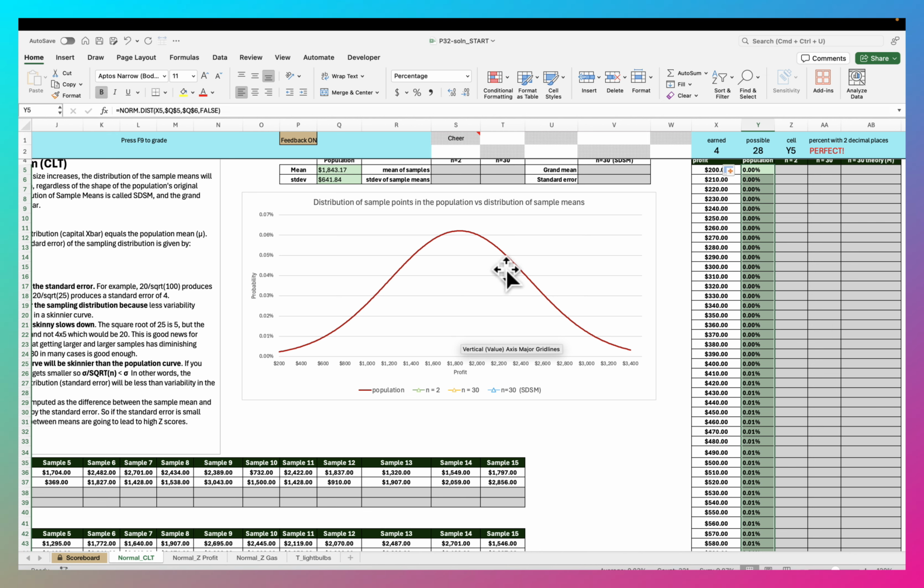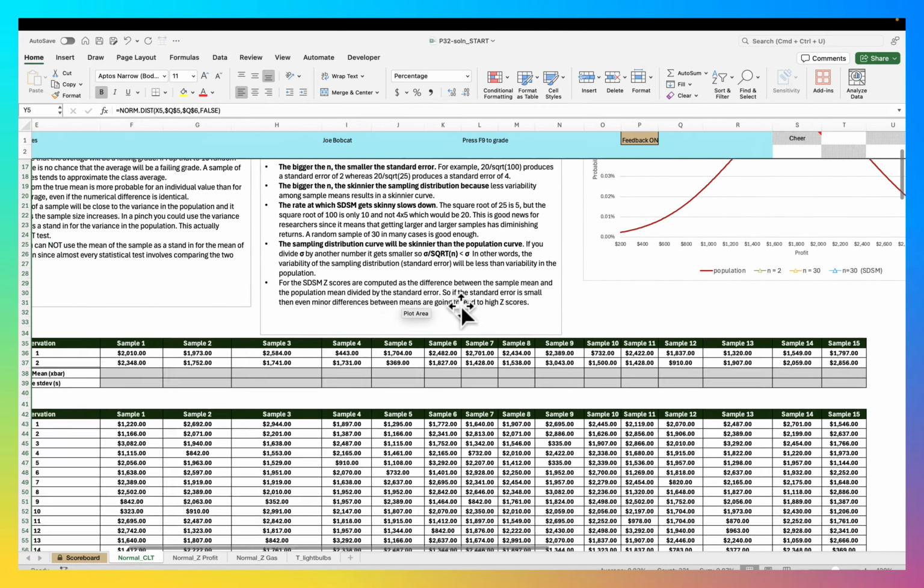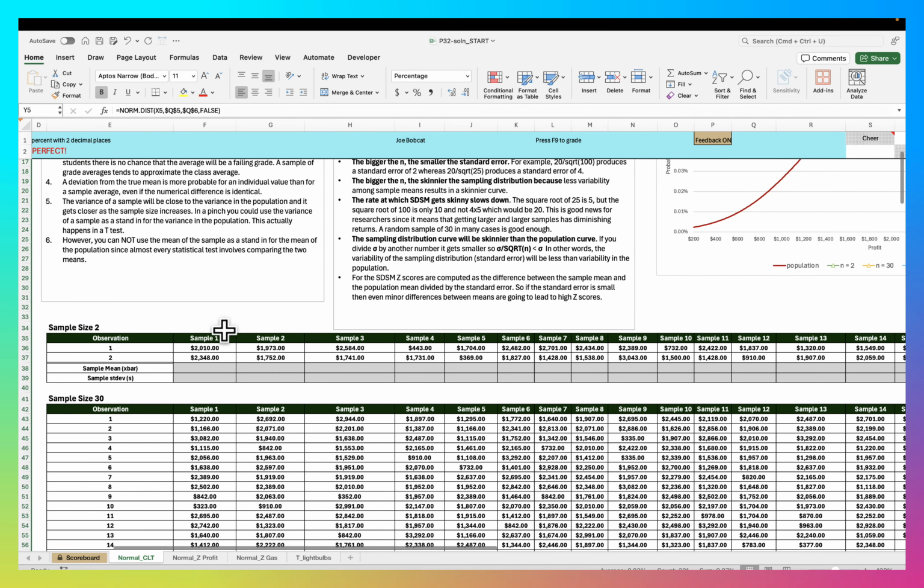All right, now we're going to make 3 more curves on the same graph. But each of those curves is going to represent something different. The next curve is going to represent what happens if instead of plotting individual data points, we plot samples that we take from that data. So these are 15 different samples of 2 taken from the data. They're random samples, and they're taken from the data on the left.